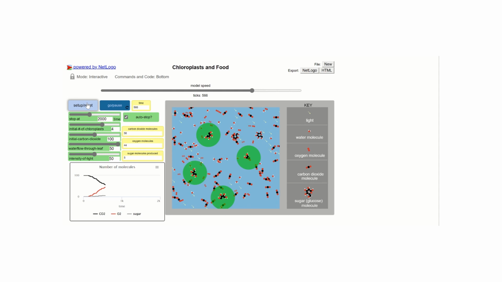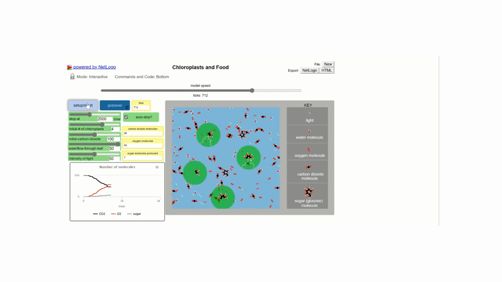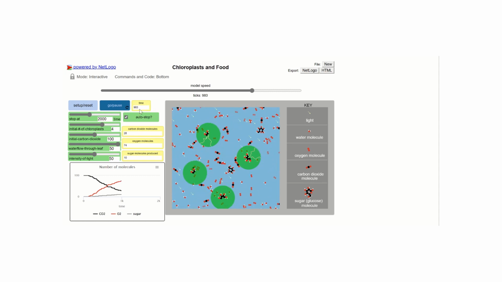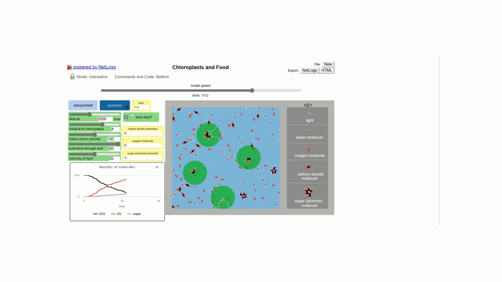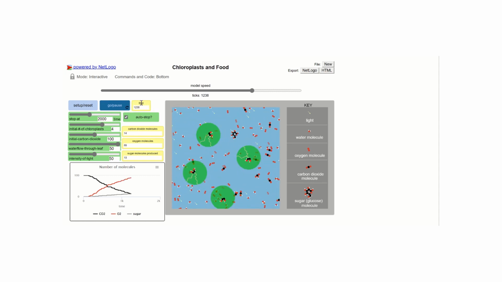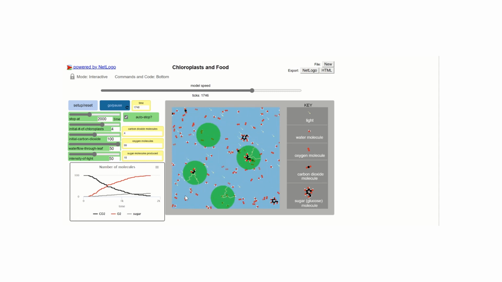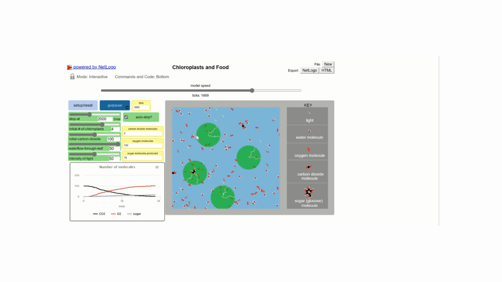Again, our time is running until 2000 ticks. You can see the time right here in the yellow rectangle or up here at the top. I do like this animation here. As you can see, the molecules and light swirling around.